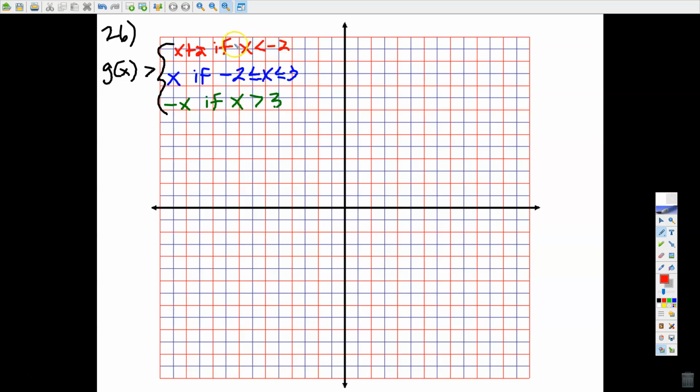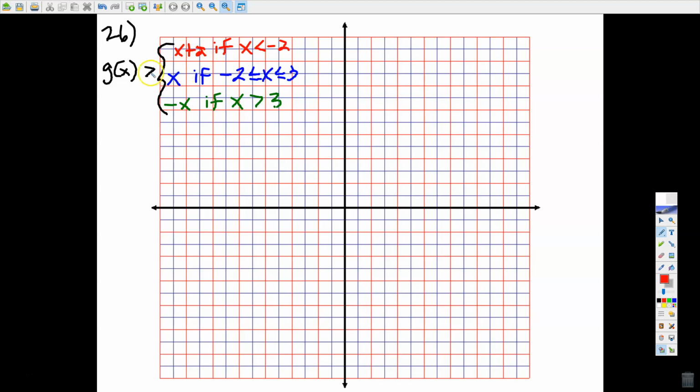What these are called, off to the right, are domain restrictions. Let me give you an illustration with the red piece. Just think of this as y is greater than x plus 2.